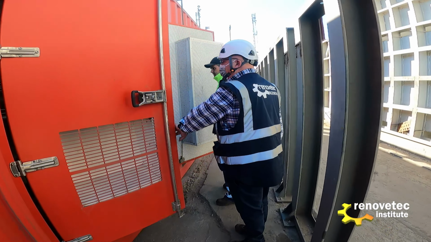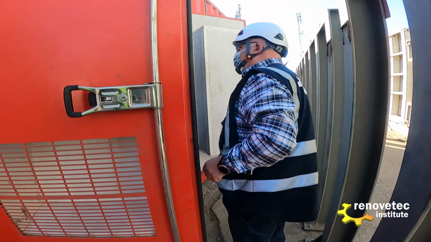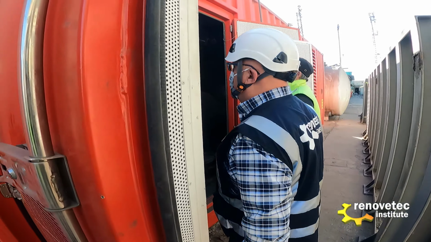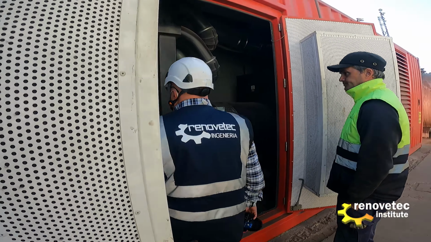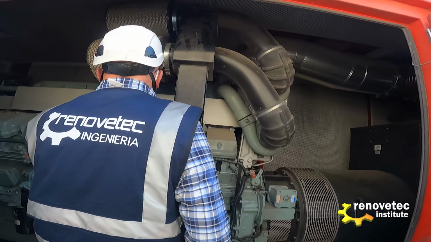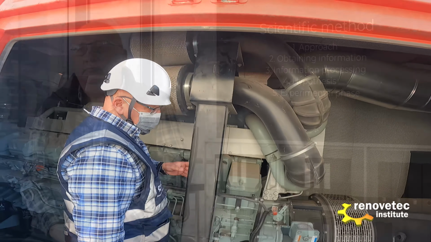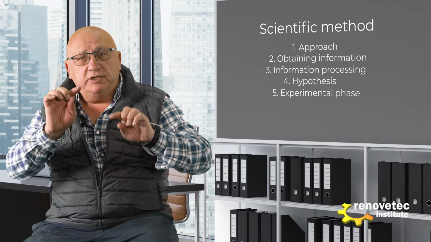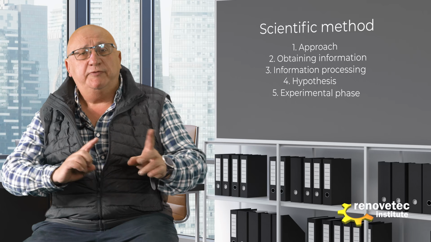Then we need to go again on site and obtain a sample or make an observation or a substitution that demonstrates or refutes this part of the hypothesis. In our failure tree, we need to identify different points to demonstrate or refute the hypothesis.